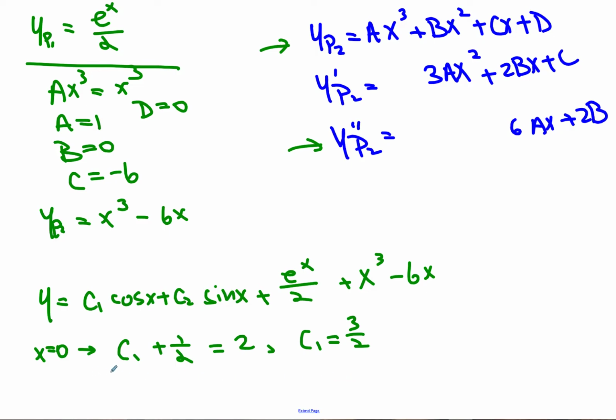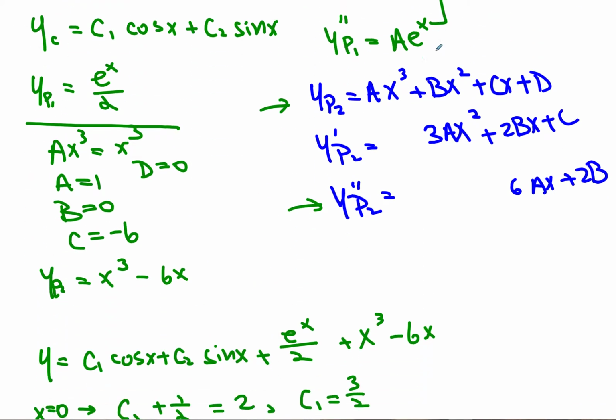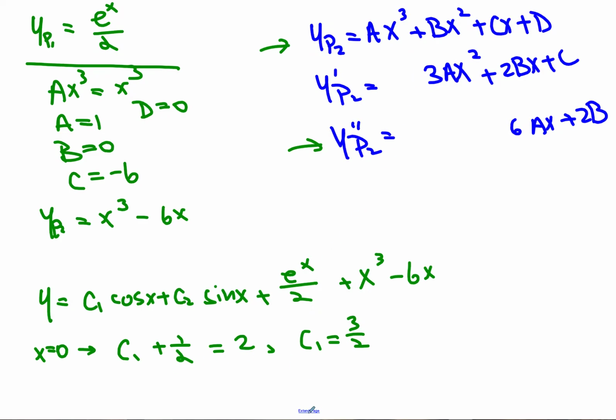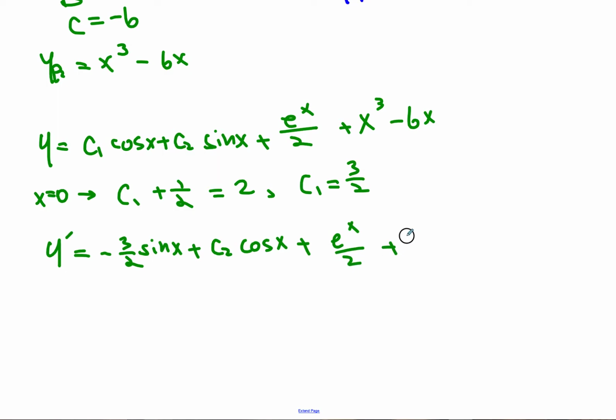Alright, so let's look at the next one. When I take the derivative and then plug in 0, I should be getting 0. So let me take the derivative here. y prime is negative 3 over 2, because c sub 1 was equal to 3 over 2, sine of x plus c sub 2 cosine of x plus e to the x over 2 plus 3x squared minus 6.